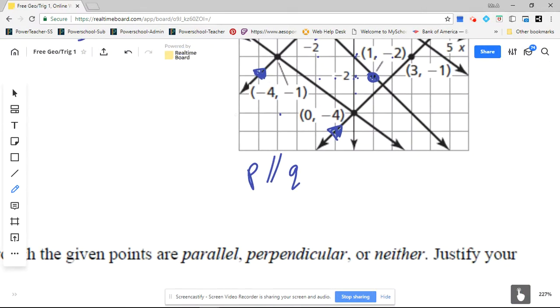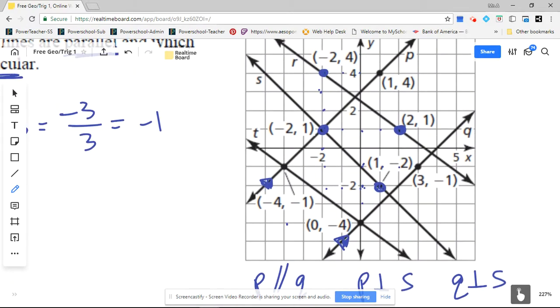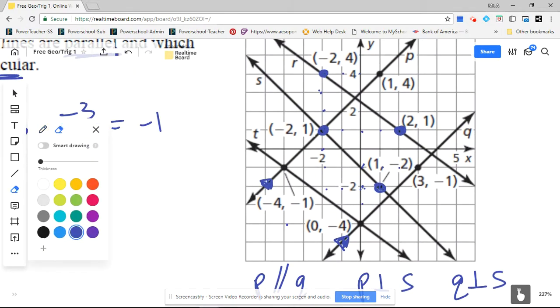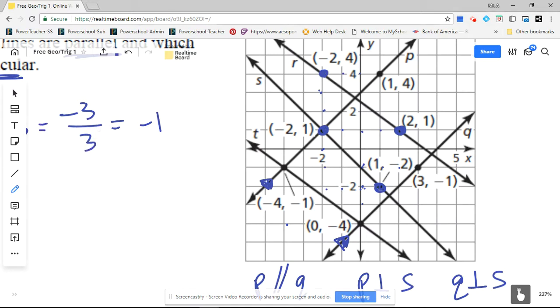So I'm going to go over here and say P is perpendicular to S, and Q is perpendicular to S. And I'm going to put right angle boxes up here, because I know that this is going to be a right angle now. I proved that this is a right angle, because their slopes are opposites and reciprocals.